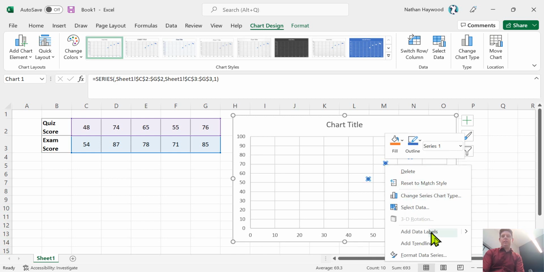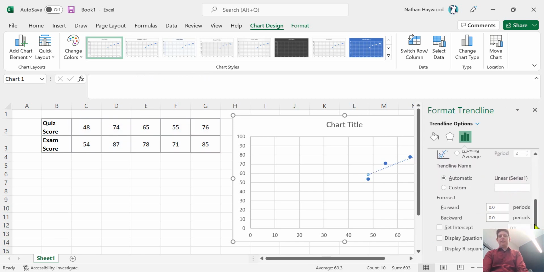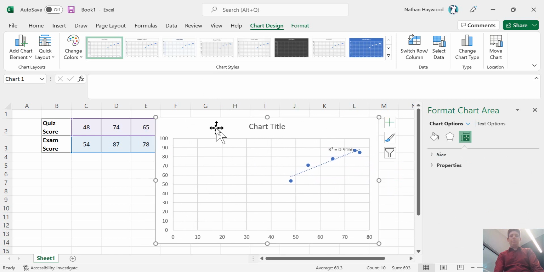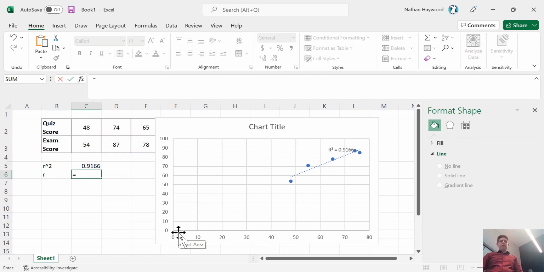Then right-click, add trend line. Add trend line, scroll down, click on the R squared. So basically we have an approximate R squared, which is, okay, so then you need to type that in and go equals and type SQRT.